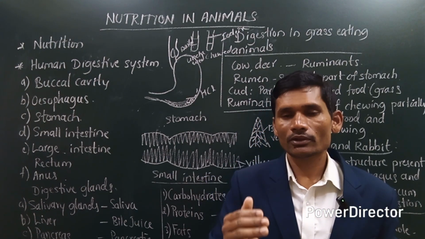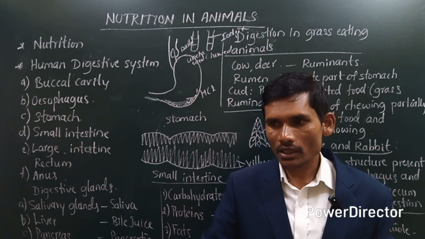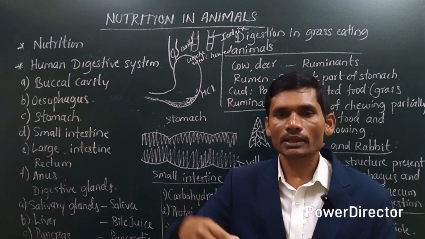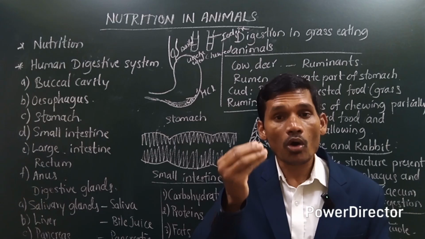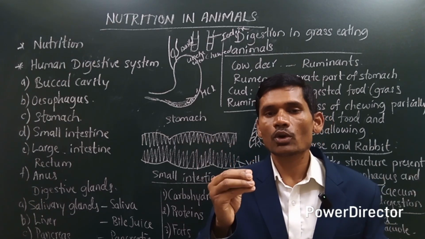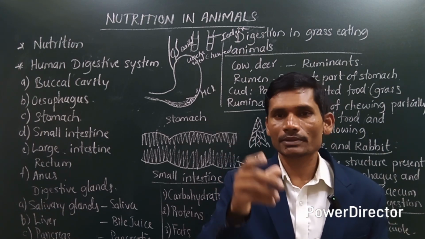Later, when they are in one place and not eating food outside, that time they bring it back to their mouth in small lumps. This partially digested food is called cud, and that cud comes to the mouth in small lumps.